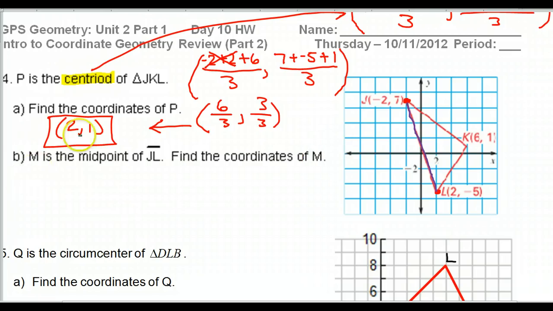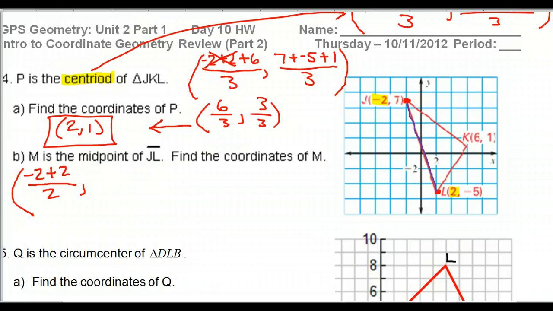Of course, you know, it's all about the midpoint formula, right? Average of the x's and the average of the y's. So I'm going to do x plus x divided by 2, and then y plus y divided by 2. Let's start with the x's. So that's negative 2 plus 2 divided by 2, comma. So that's the x's.